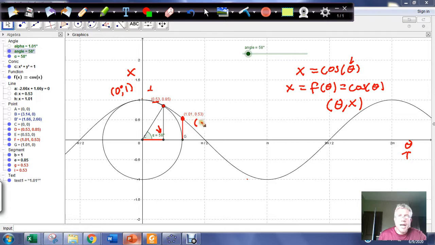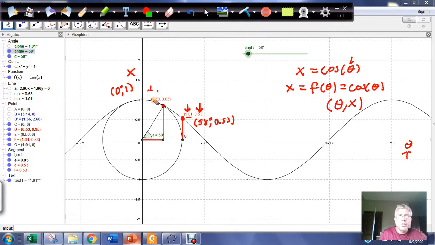Well, the angle at that point is 58 degrees, and the output is the x-coordinate, which is 0.53. The input is the angle, and the output is the x-coordinate. So here, GeoGebra is giving me that input angle in radians, but I can also see the input angle in degrees down here.